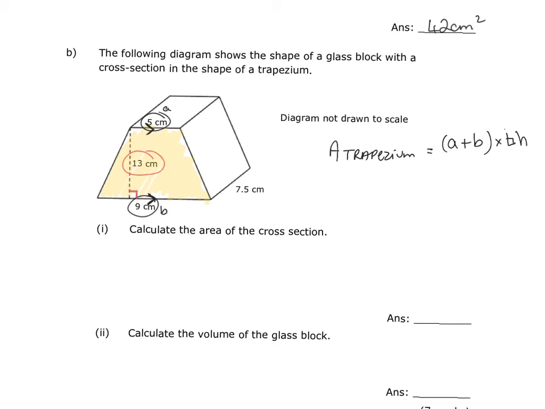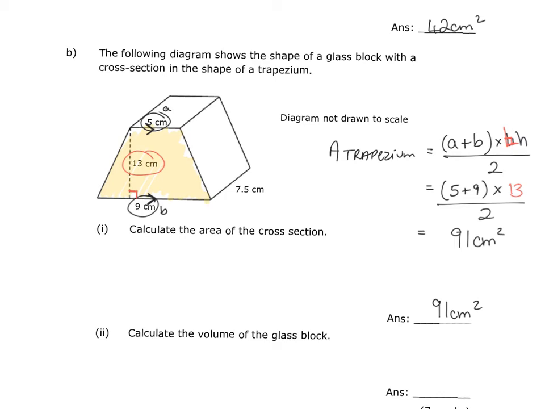Okay, that's perpendicular. It's 30. Okay, and we divide everything by 2. So A plus B, 5 plus 9, times perpendicular height, which is 13, and divide by 2. So the area there is 5 plus 9 times 13, over 2, is 91 centimeters squared.